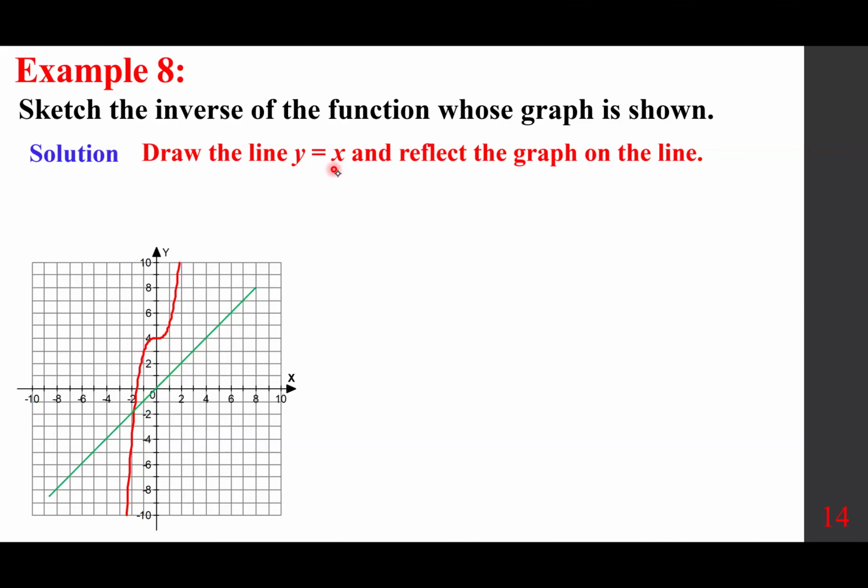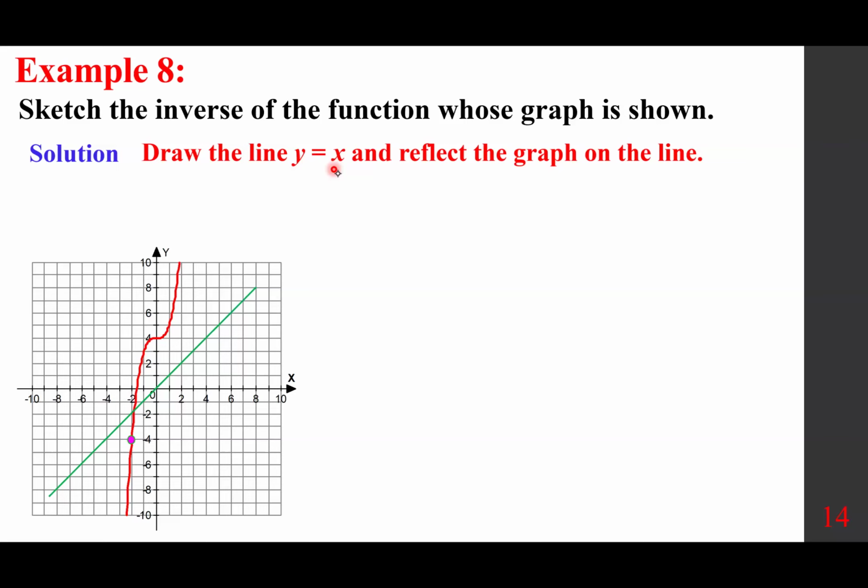So what does it mean? In short, it means pick up a few pairs on the graph given, and then find the pairs corresponding to those for f inverse. And go with the easy ones.